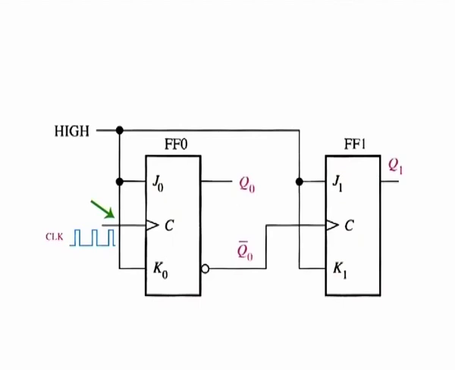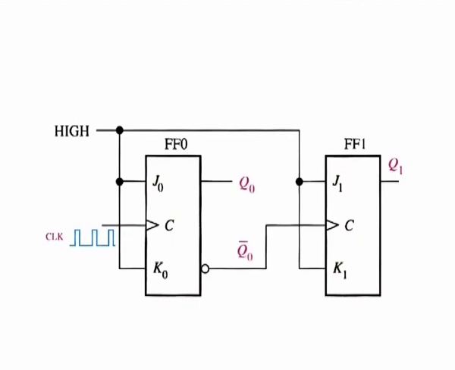The second flip-flop, flip-flop 1, is triggered by the Q0 bar output of flip-flop 0. Flip-flop 0 changes state at the positive going edge of each clock pulse, but flip-flop 1 changes only when triggered by a positive going transition of the Q0 bar output of flip-flop 0.